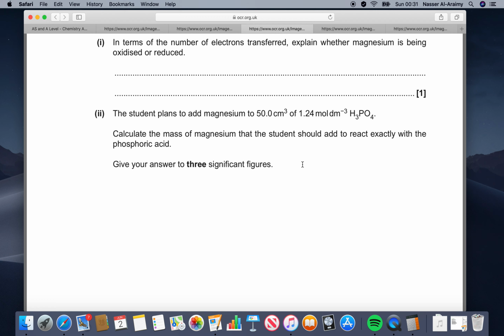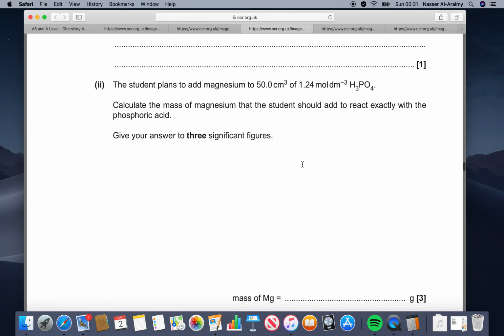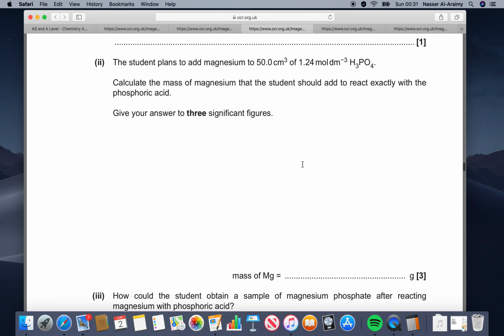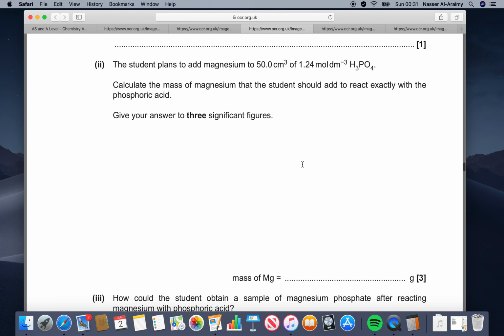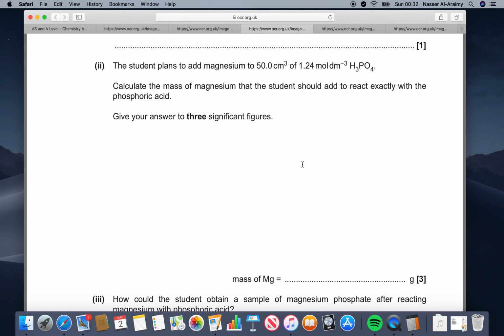And what's this? This is one of those titration questions, isn't it? No, not titration. But it's those kind of reacting masses questions.